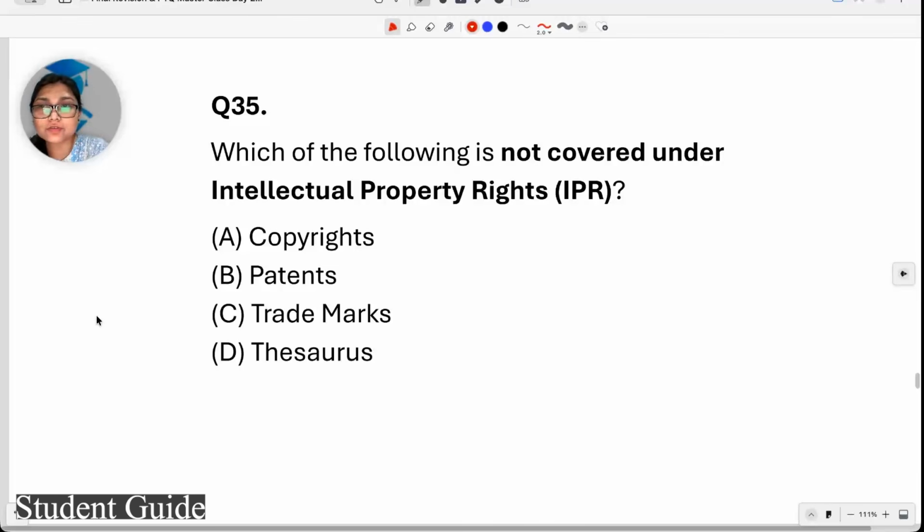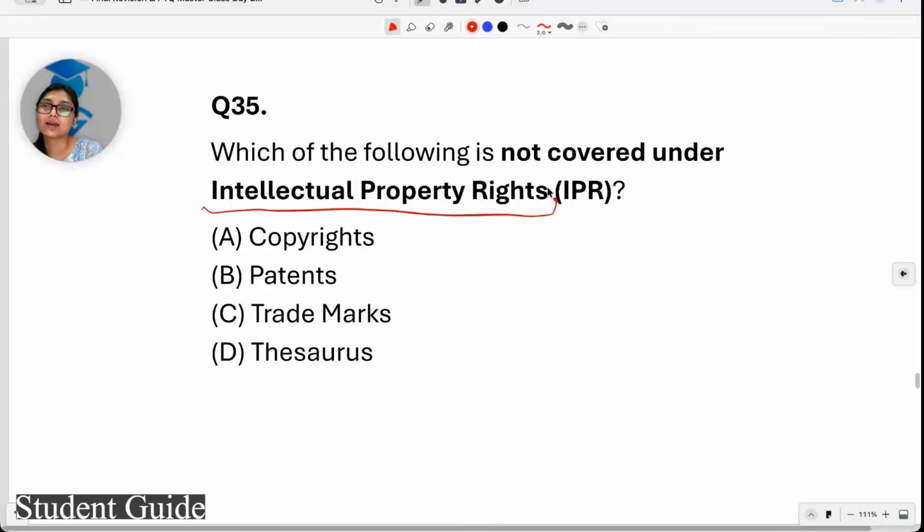So the fifth question of this session is saying, which of the following is not covered under intellectual property right? Okay, so you need to know about this IPR, intellectual property right. In intellectual property right, if you have some intellectual property, you have that right for it, then no one else can create or copy it, and similar works can be termed illegal.